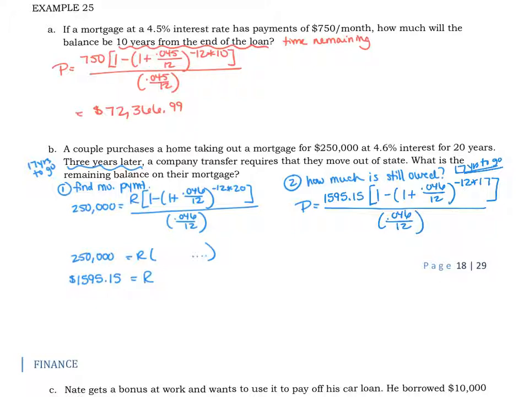No need to do any division here because we've got the variable isolated by itself. And so after 3 years of payments, they still owe $225,467.69 on their loan. That is the remaining balance on their mortgage, and that's the actual question we were asked to answer.